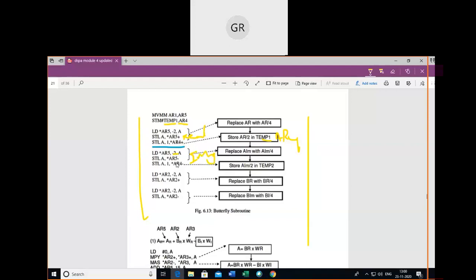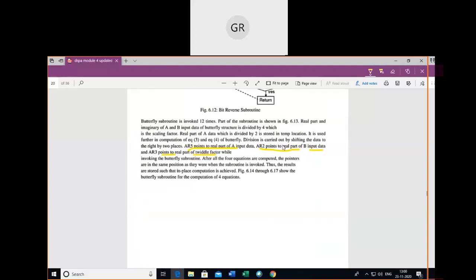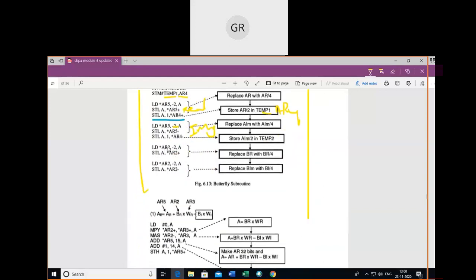Similarly, you can go for the B input. See here, AR2 points to the real part of B. That's why load AR2 comma minus 2 comma A. AR2 means the BR value, and minus 2 means divided by 4. After dividing by 4, store the accumulator value, that is BR divided by 4, in AR2 plus, which holds the real value of the B input.